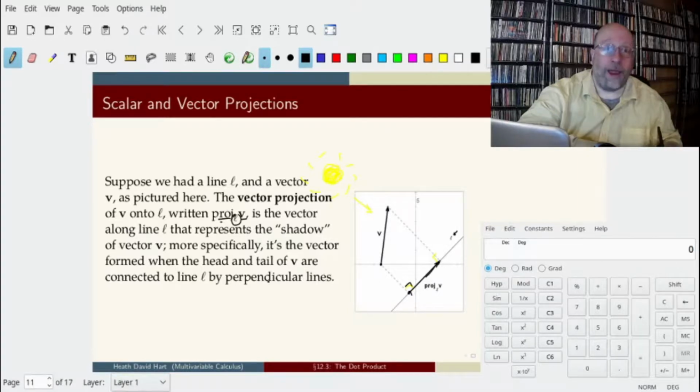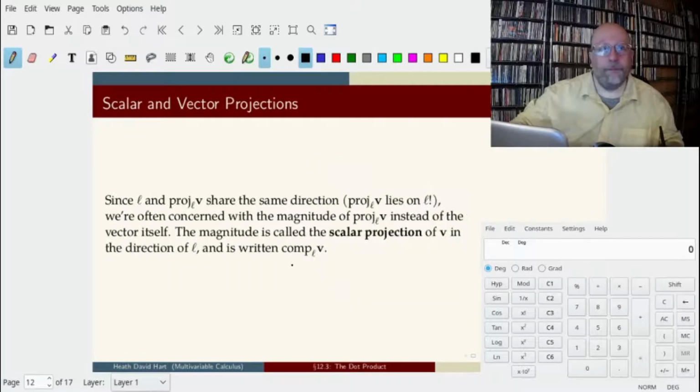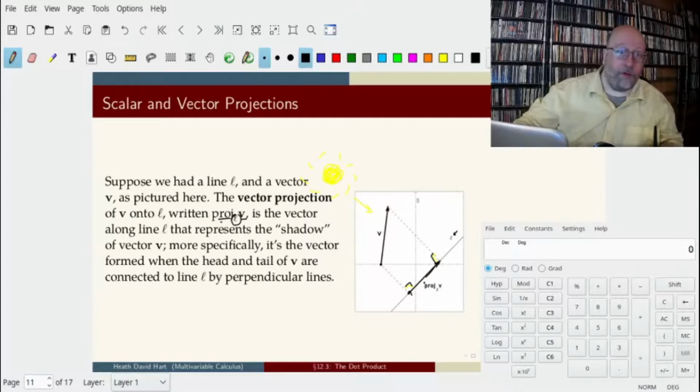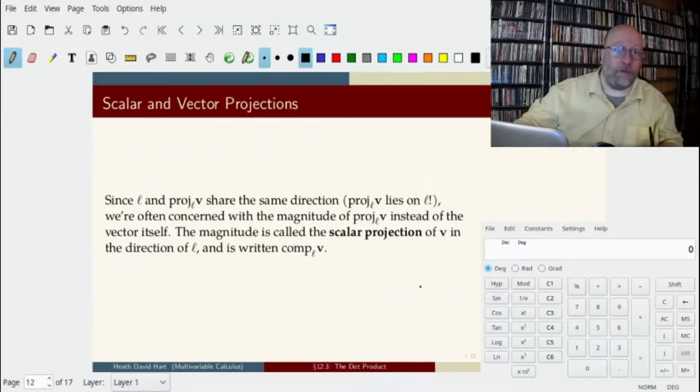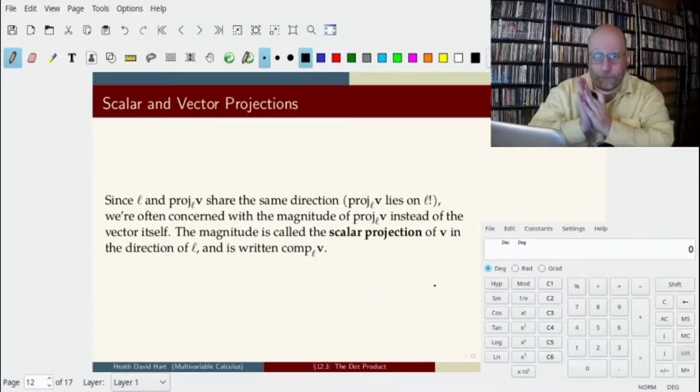I can say perpendicular here because they intersect. And the projection is a part of line L that's cut off there. L and the projection always share the same direction because the projection is actually part of L, so they are obviously pointing the same direction.